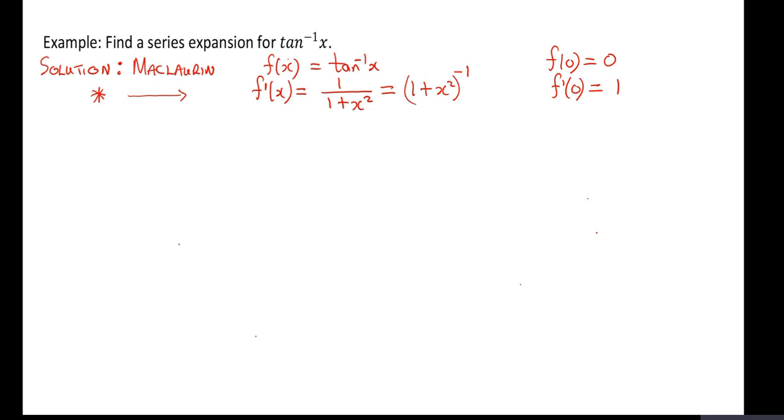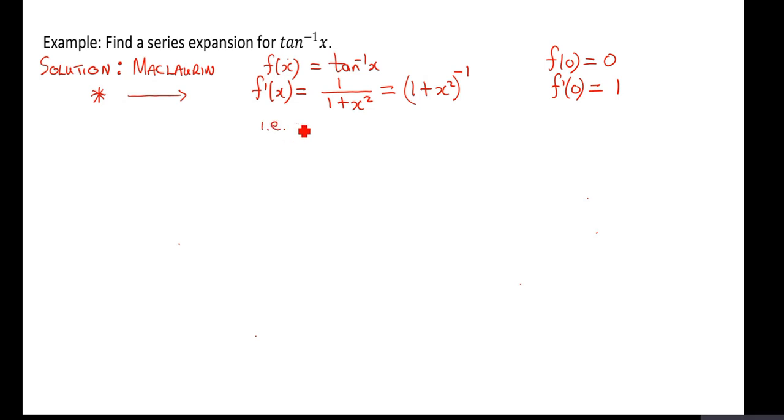I can find the next derivative. I can then find the third derivative, the fourth derivative, but inevitably I'm going to be using the product rule. So is there another way of differentiating the second, the third, the fourth derivative that's much easier? Well, do you recognize something?